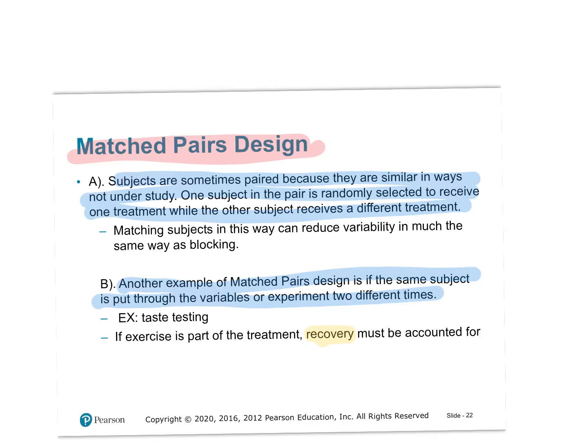Okay. The other type of experiment you need to be familiar with is what's referred to as matched pairs design. And there are actually two ways this can be done. One way is that within the group of subjects, they look at particular characteristics and pair people up based on those characteristics.